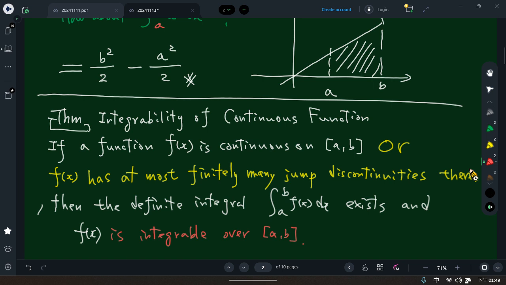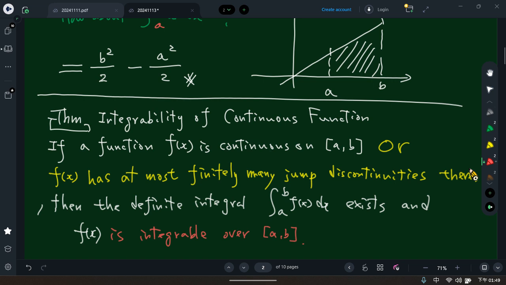We mentioned that if a function is differentiable, the function must be continuous, right? And I also said that a function which is continuous doesn't mean f of x is differentiable.